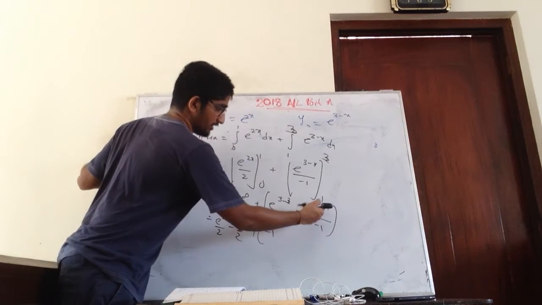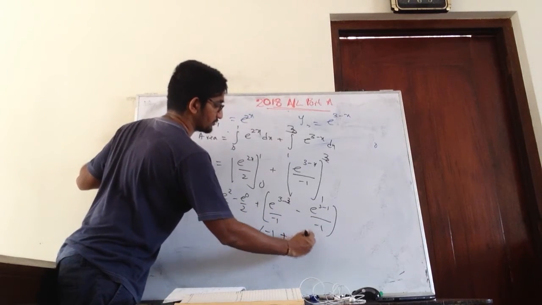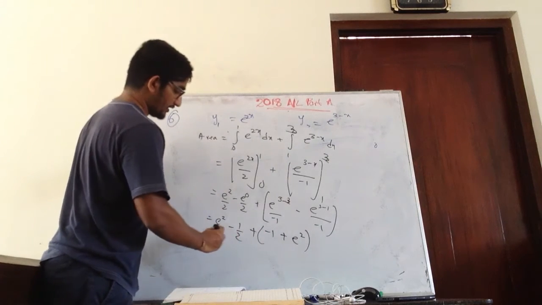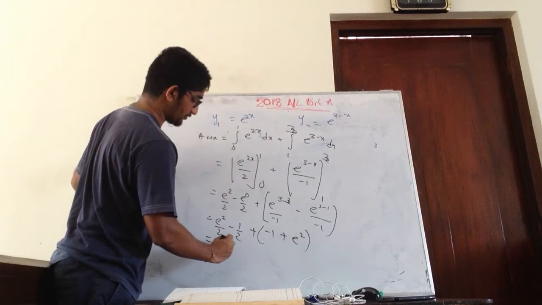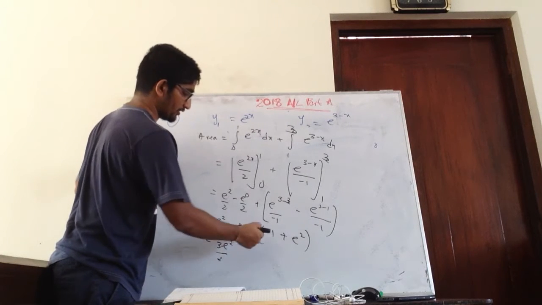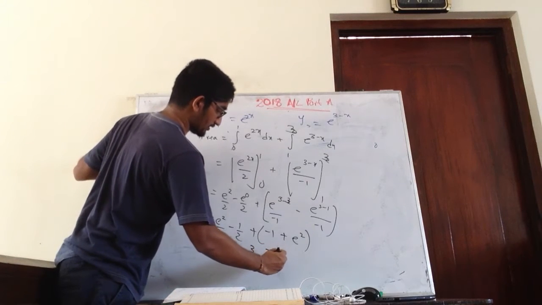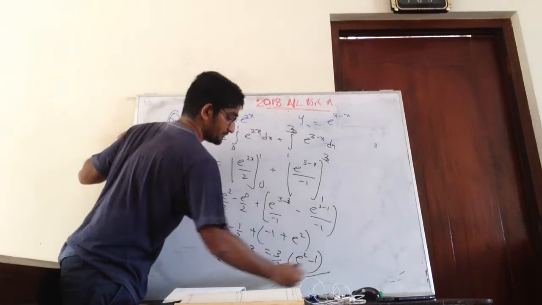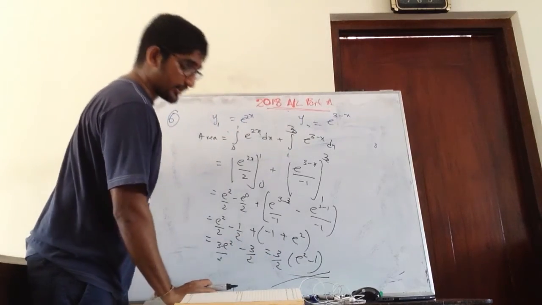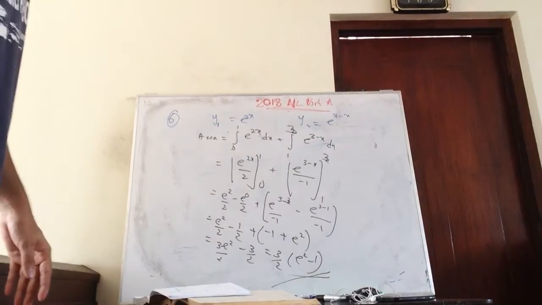Then here this is going to be e^2, but minus e^2 minus is going to be plus e^2. So we can take the e^2 out. That means e^2 times 3 over 2, minus 1, which is minus 3 over 2. Get the answer as 3 over 2 e^2 minus 1. That is the answer they are asking.